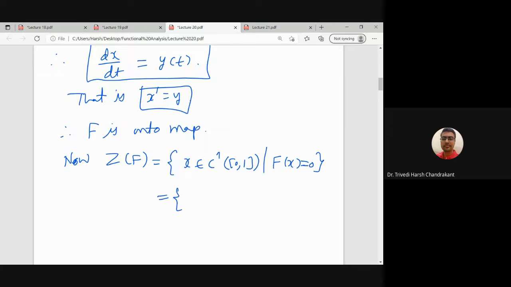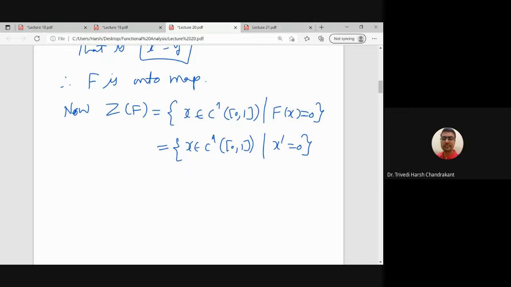F(x) is 0 means the derivative is 0. So what are the functions which are continuous and one time differentiable whose derivative is 0? So the answer is the set of all constant functions.